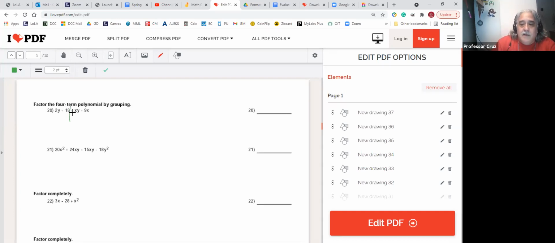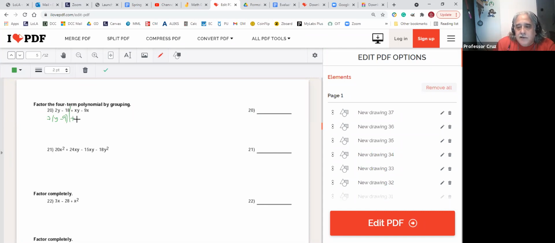The sign of the third term is going to go on the right-hand side, so that's why I made it right there. So we look for the greatest common factor over this side, and it looks like it's just 2. And then it's y minus 9. And you bring that sign down.